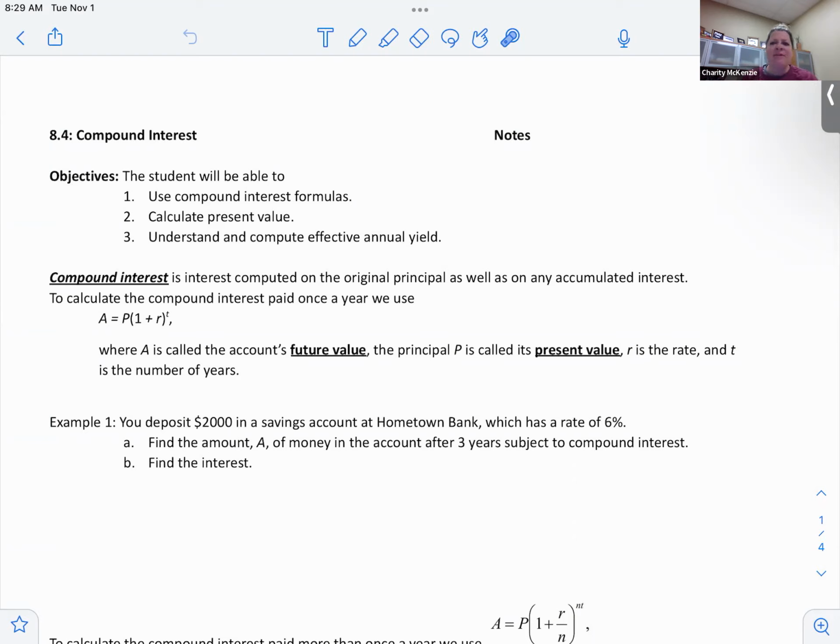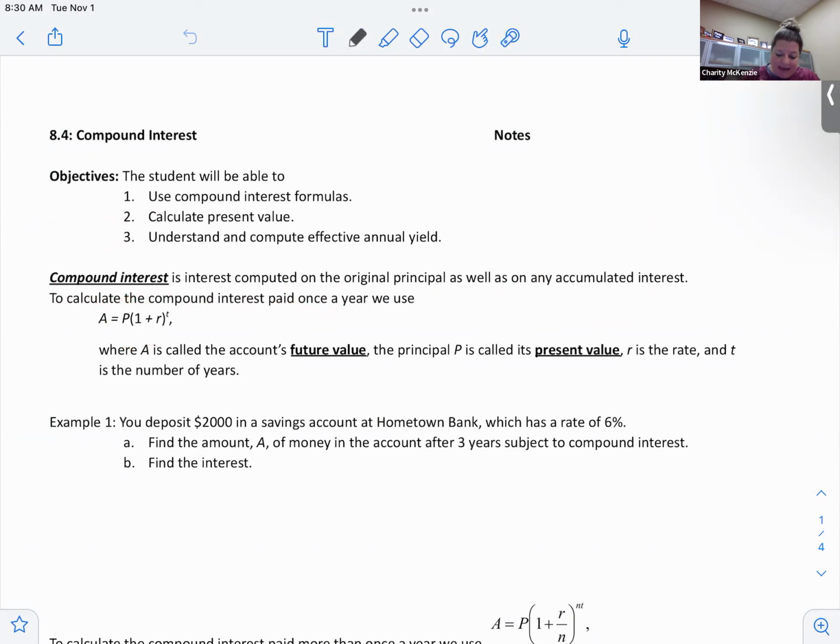So definitely a different formula brings in some exponents in our formulas. So look at this first section here. We are saying compound interest is interest computed on the original principal as well as your accumulated interest. To calculate the compound interest paid once a year, we use this formula.